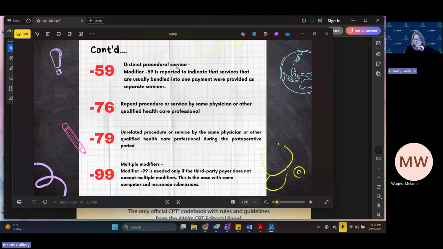59, distinct procedural service. Modifier 59 is reported to indicate that services that are usually bundled into one payment were provided as separate services. Okay, so sometimes when they're having a certain procedure done, there's maybe some lab work that has to be done beforehand. There's aftercare that they're expecting to provide after this procedure. They're going to take all of this stuff and bundle it together.